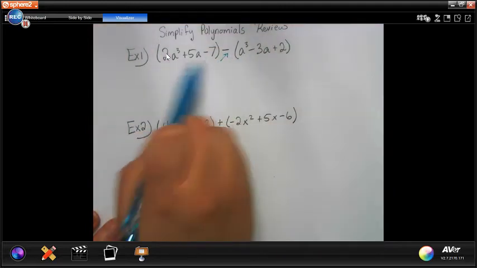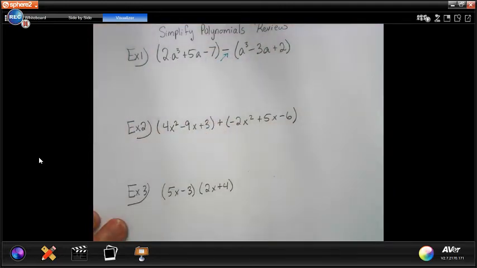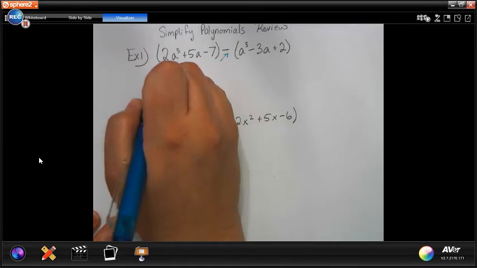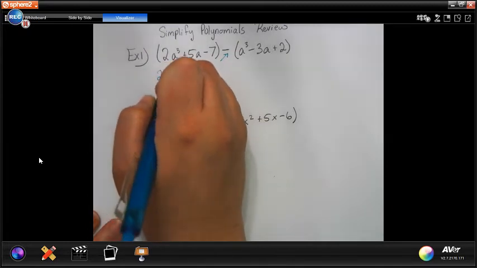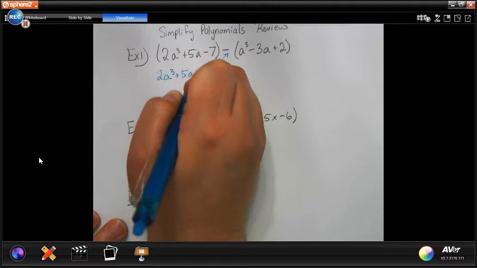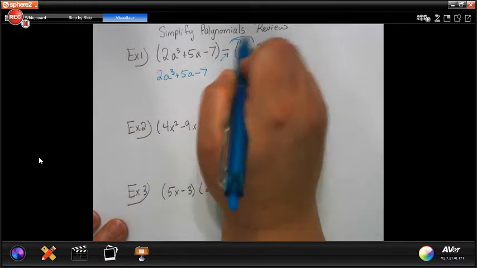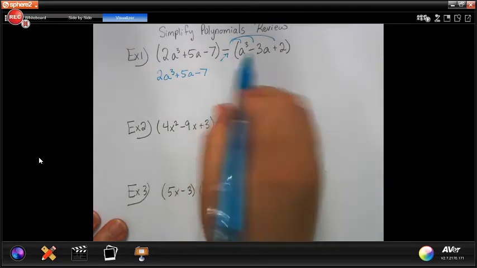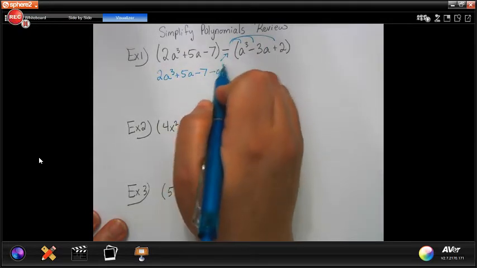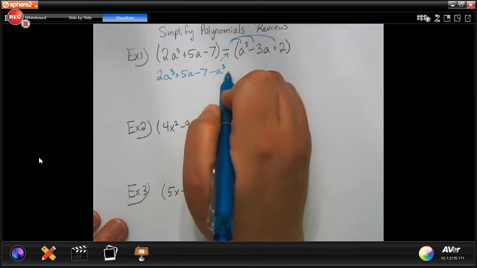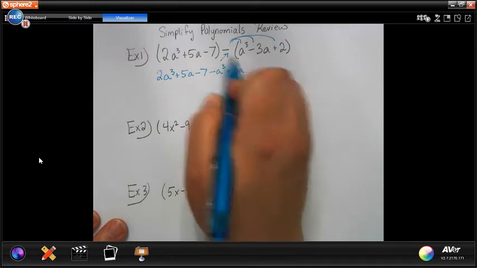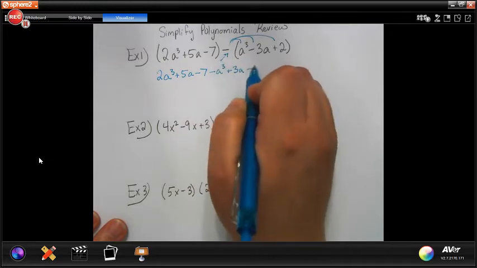It does not apply to stuff in front of it. So the stuff in front, I just rewrite. Now I distribute the minus sign to everything behind it. So minus a cubed. Minus a negative 3a is plus 3a, and then minus a positive 2 is minus 2.